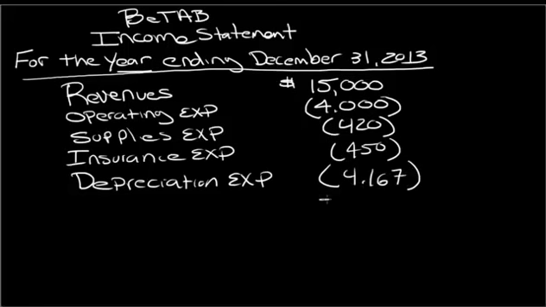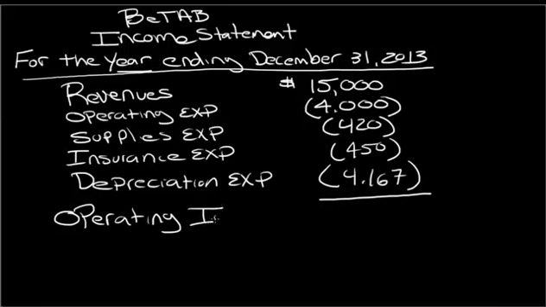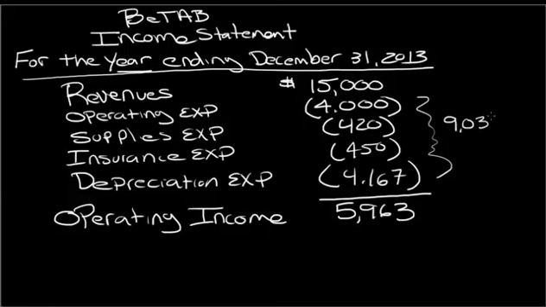Now at this point we're going to do a subtotal, and we're going to call this operating income. And the total on this, I believe, if I do the math right, is 5,963, because the expenses in total here are 9,037.